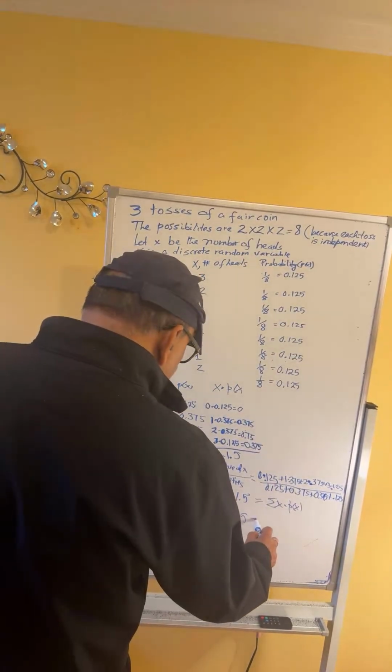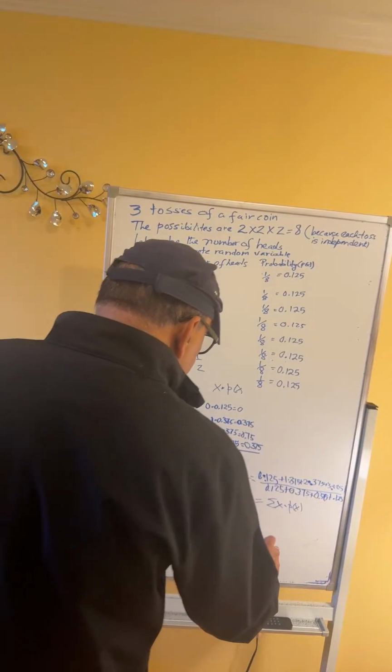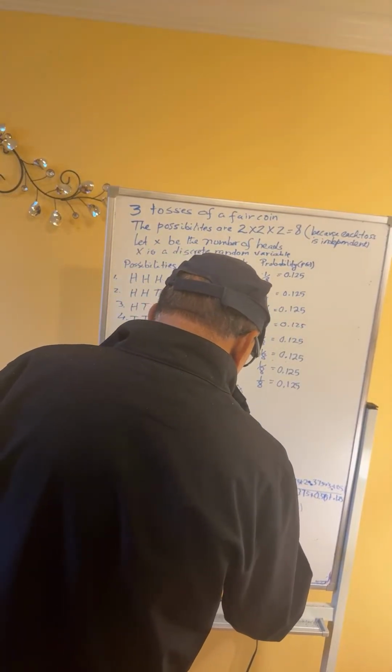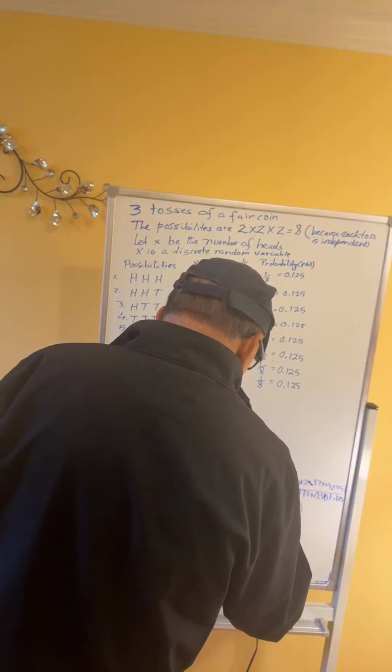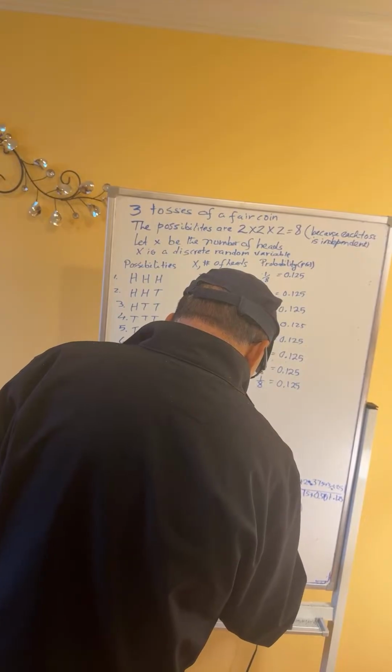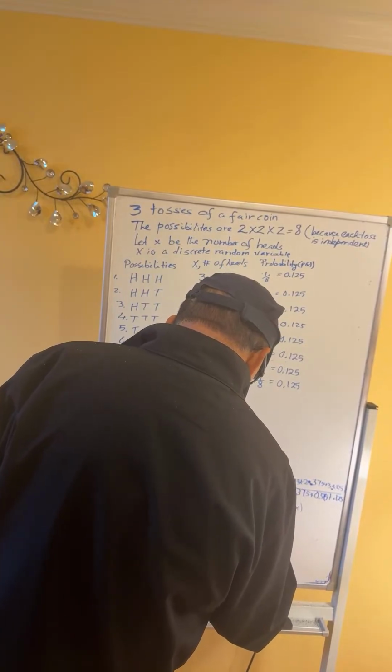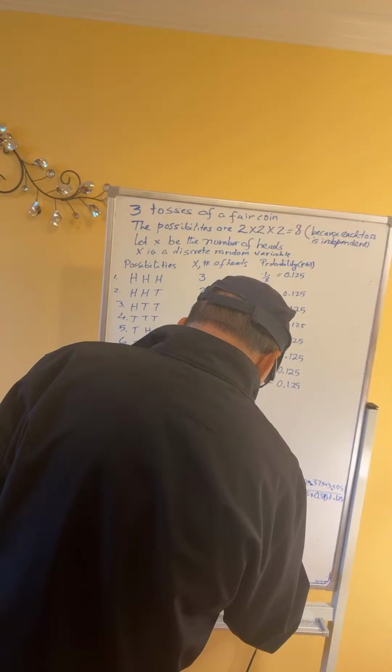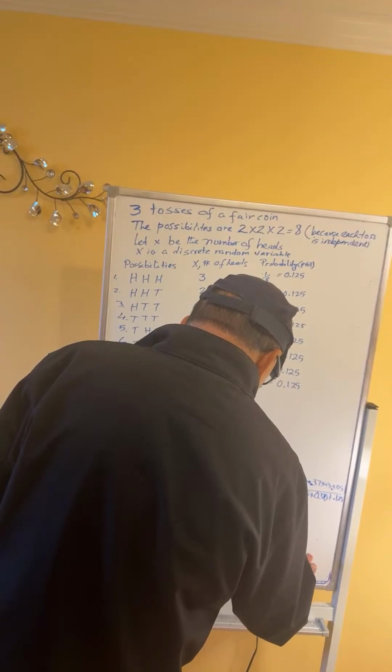Okay, this is the same as what we established before, the sum of x times p of x. So this is the formula for the mean of a discrete probability distribution.